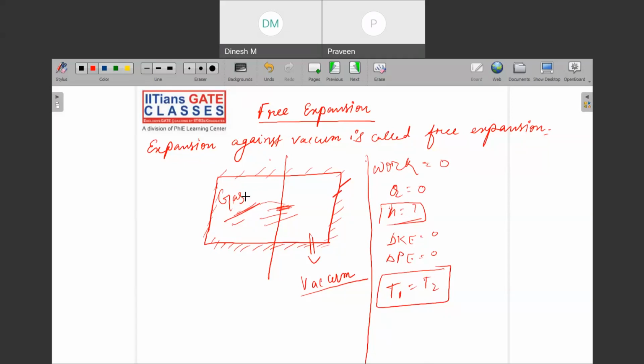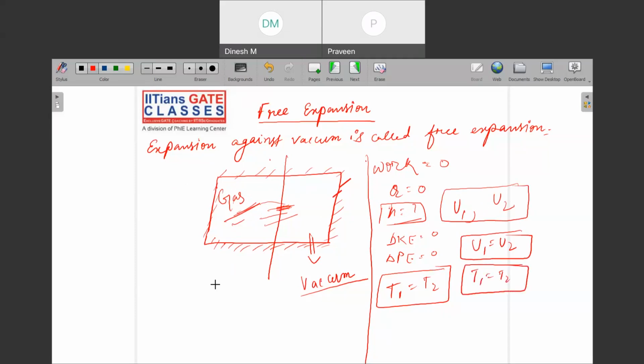Here the gas molecules which were at rest are only taking the new position. So I can say U1 and U2, but since this is insulated and no molecules have gone anywhere, U1 is equal to U2. For a gas, U is a function of temperature only, so T1 is equal to T2. So in the free expansion process, the temperature at 1 is equal to the temperature at 2, but there is no heat and work interaction.